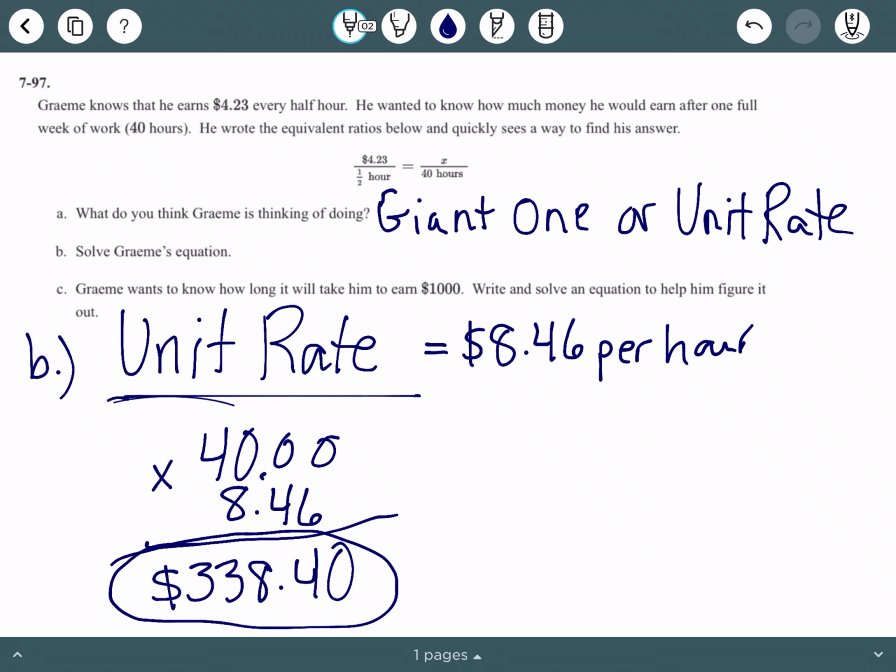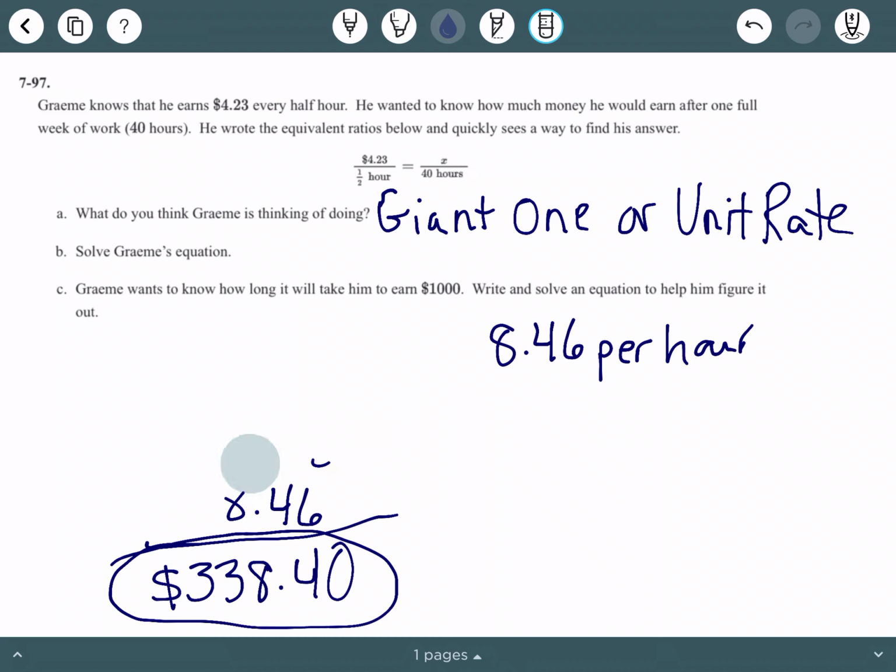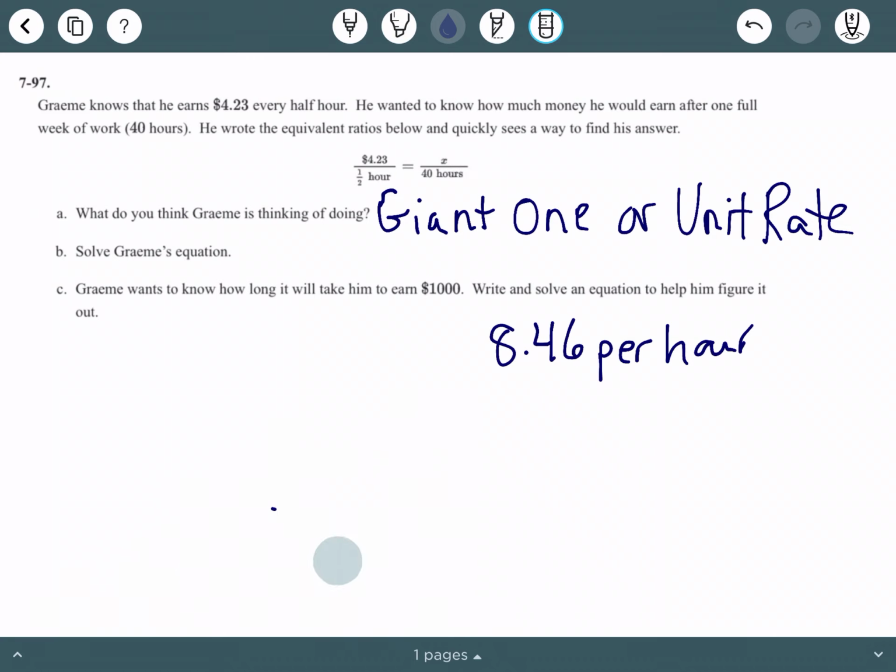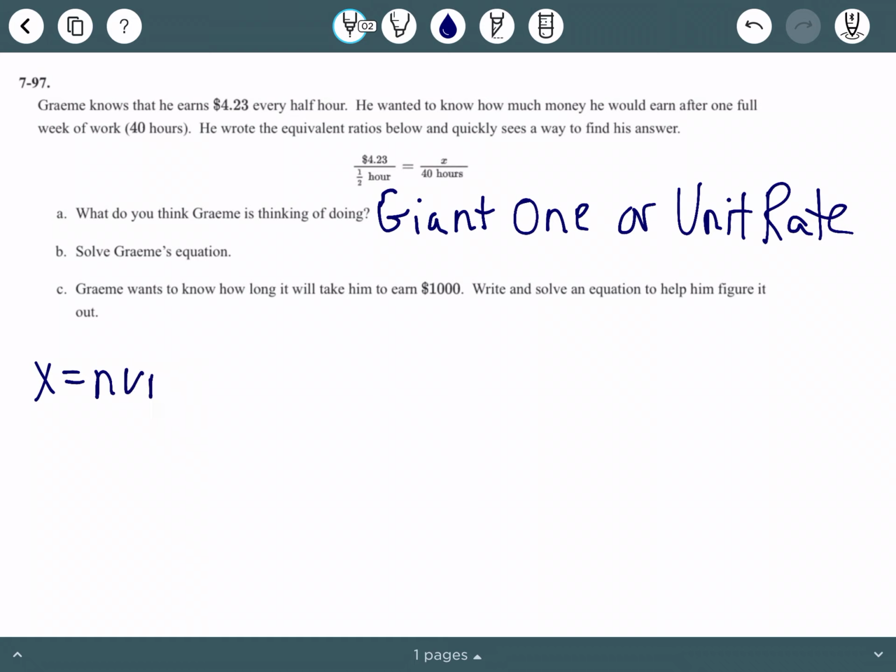All right, moving on to part C. Graham wants to know how long it will take him to earn $1,000. Write and solve an equation to help him figure it out. Well, we know that for any number of hours, so let's use X to represent the number of hours he works.